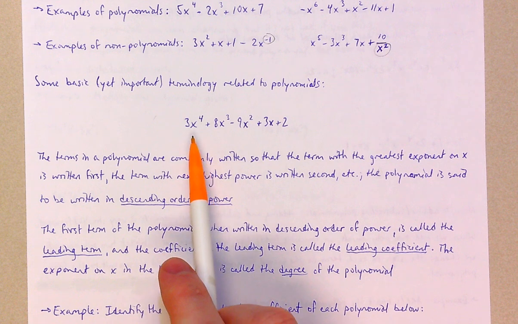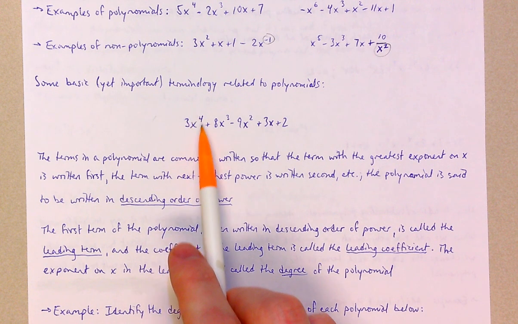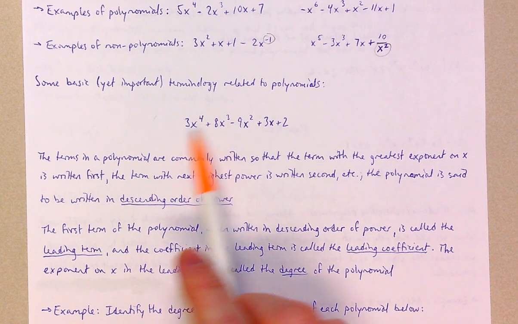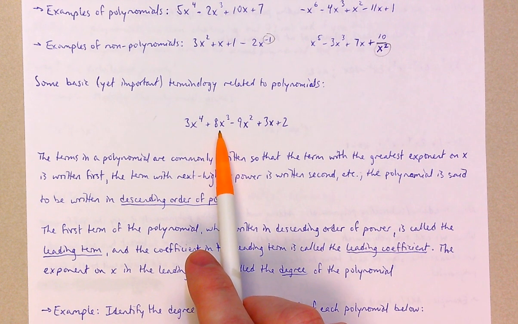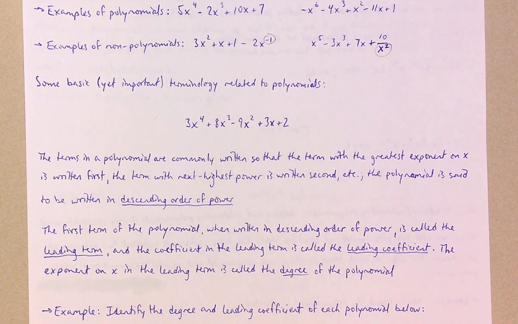We see that the highest power on our variable x is in the first term that's written here. Then the next highest power is in the second term. Next highest is in third term, so on and so forth, all the way down.